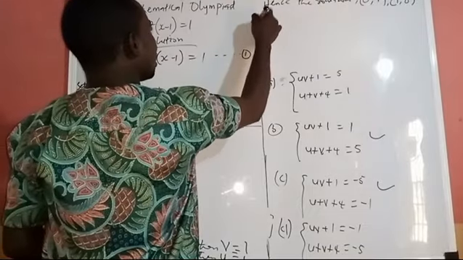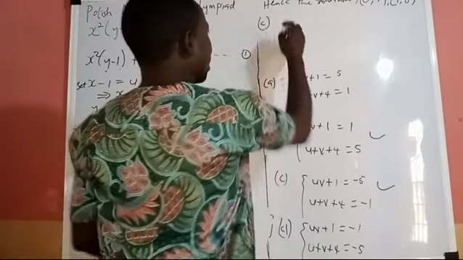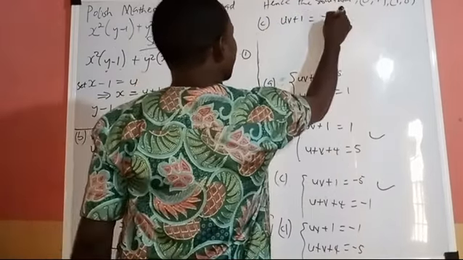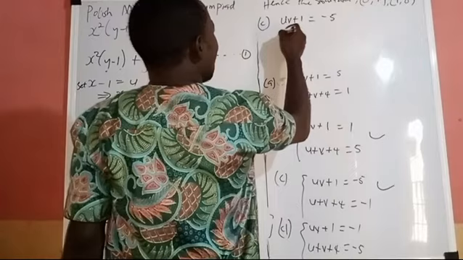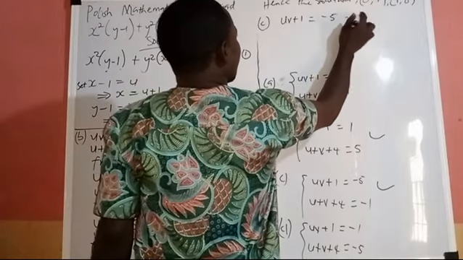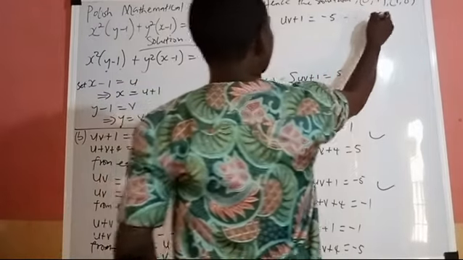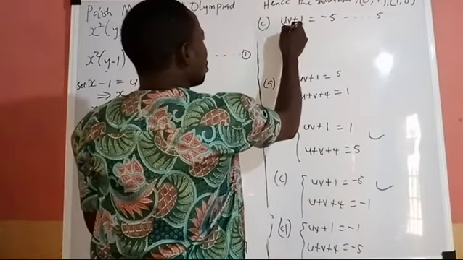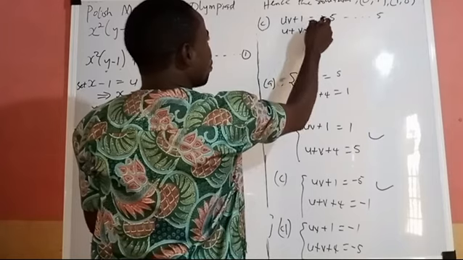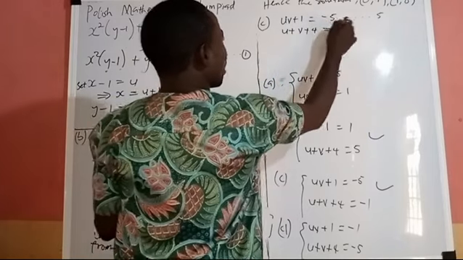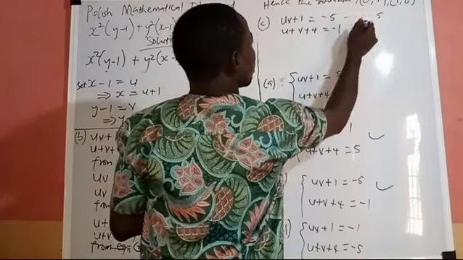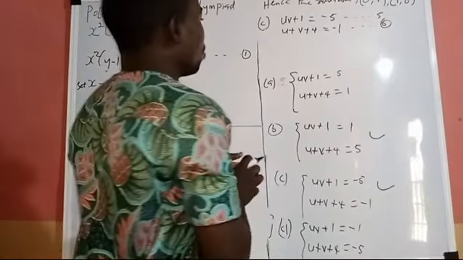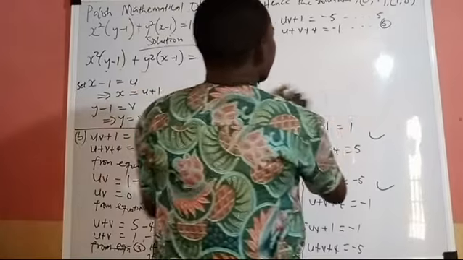And then for case C, we also have that our uv plus 1 is equal to minus 5, so let us name this equation 5. Okay, and then our u plus v plus 4 is equal to minus 1. So let's name this equation 6. Now what are we going to do next?